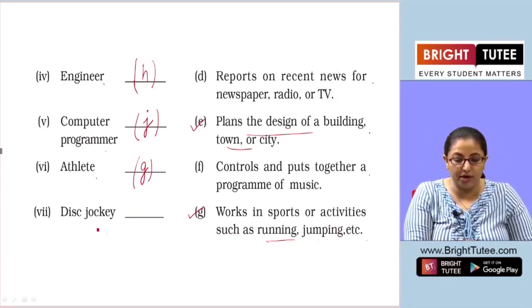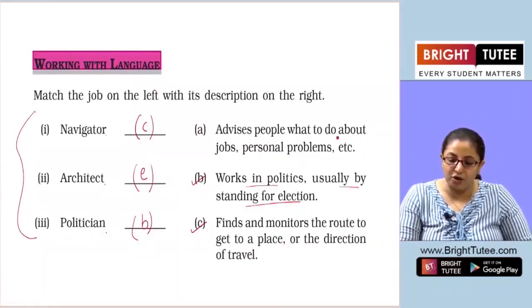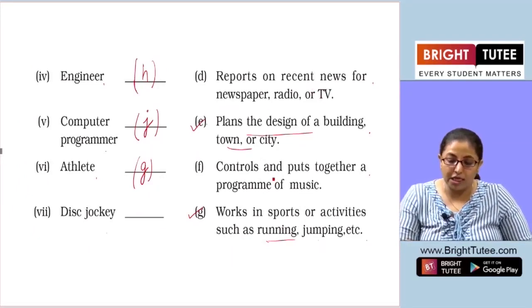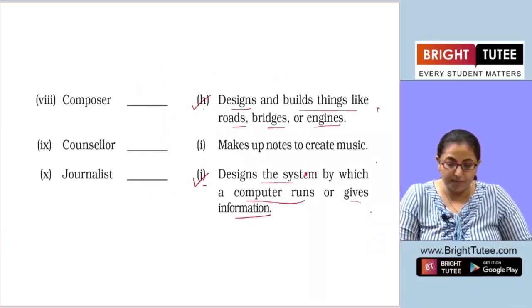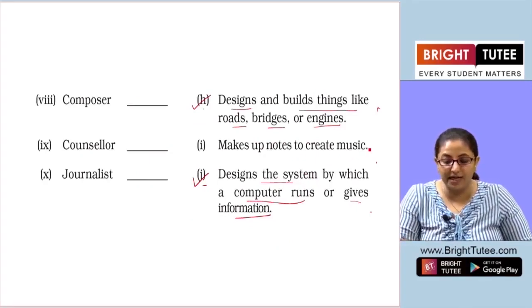Next is disc jockey. Who's a disc jockey? Advises people what to do about jobs? No. Reports on recent news for newspapers? No. Controls and puts together a program of music? No. Makes up notes to create music. What do you think would be the right answer?